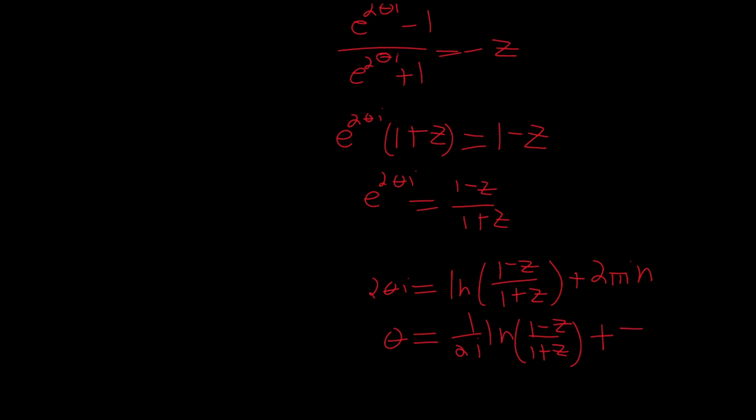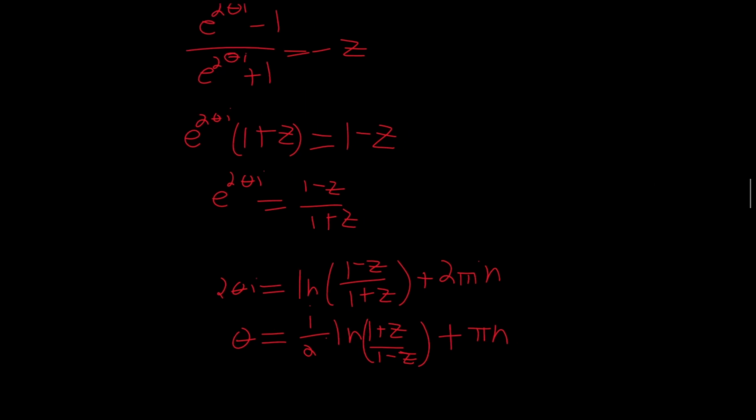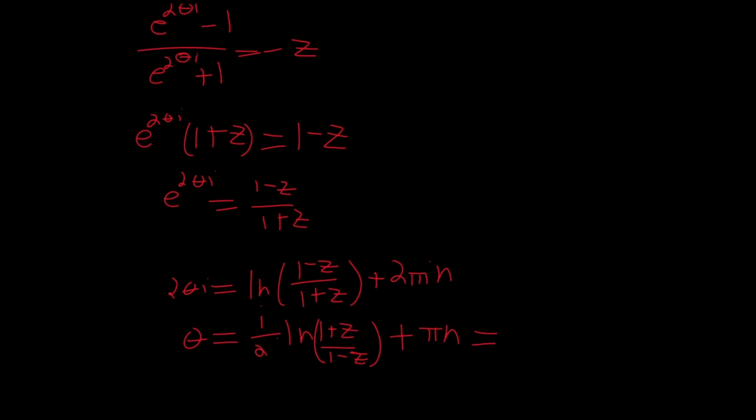So we're going to have just pi n here. And then we can also rearrange the natural log here, actually. So just to get the i on the numerator, we can just say this is i over 2, and then switch that. So 1 plus z over 1 minus z. Properties of log still apply. So what we've defined now, actually, is just arctangent. So this right here is just going to be our tan inverse of some zi.